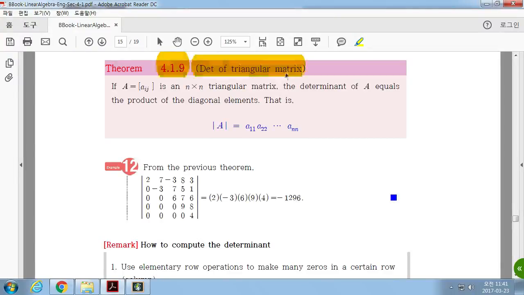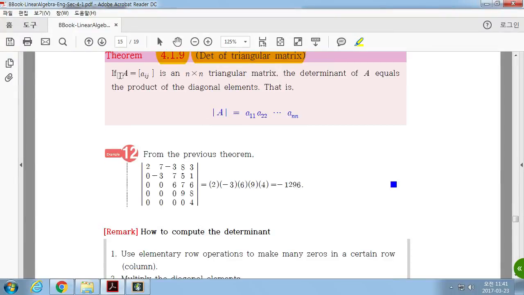Next, determinant of a triangular matrix. If it is an n by n triangular matrix, then what's the determinant? Only the product of the main diagonal entries. You don't need to think about all the off-diagonal entries, because you are choosing an element from each row and column without overlapping. For the diagonal entries, you can multiply them, and the signature is +1. What about the other n factorial minus 1 terms?